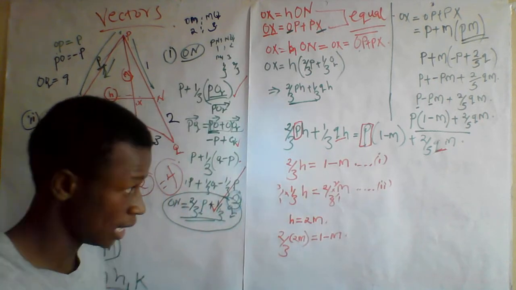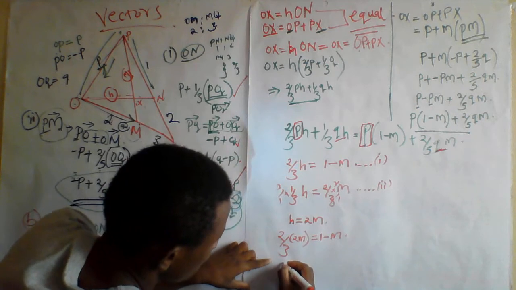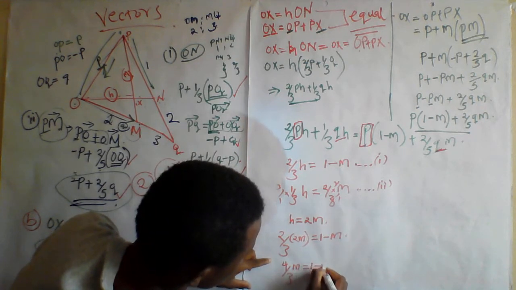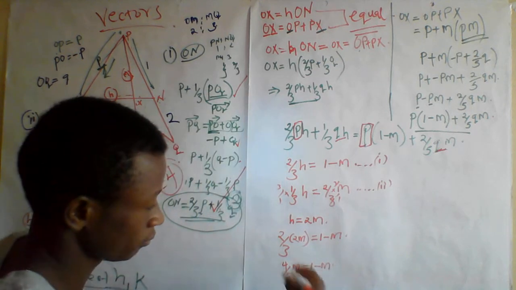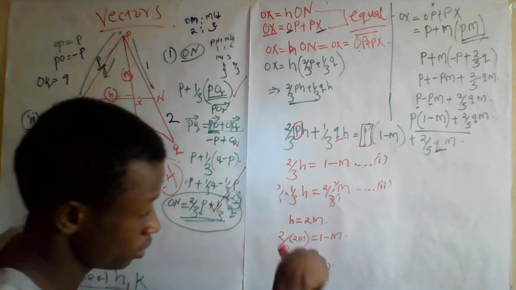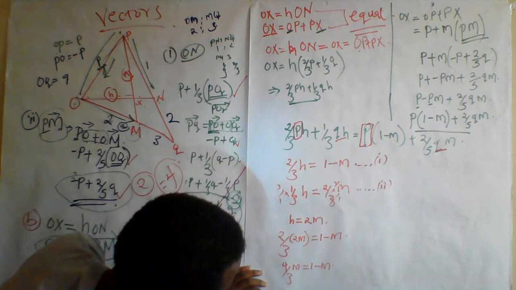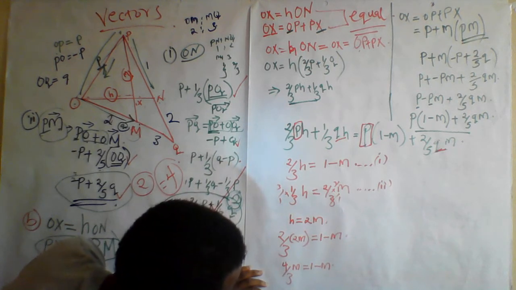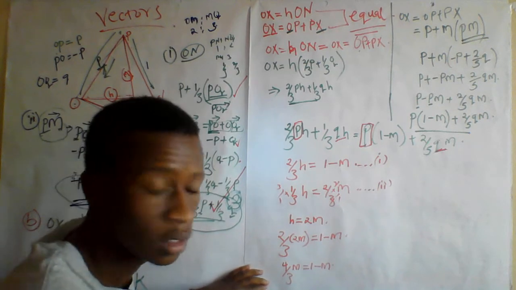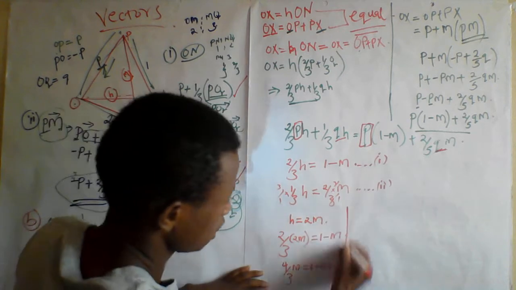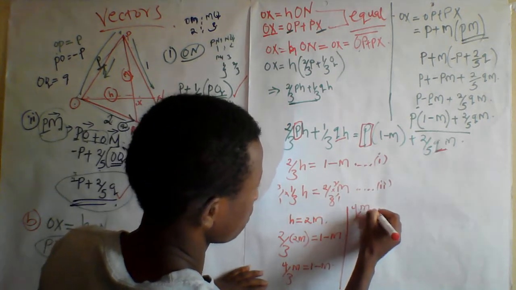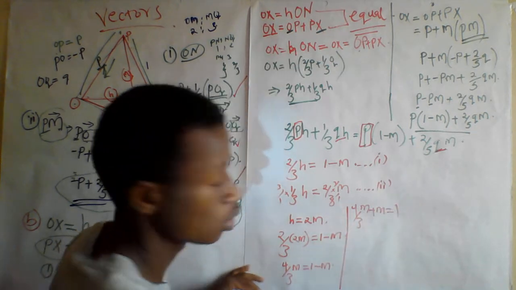We want to get the M now. So it becomes 4 over 3M is equal to 1 minus M. So you can bring our M on this side for it to be positive. So it becomes 4 over 3M plus M is equal to 1.